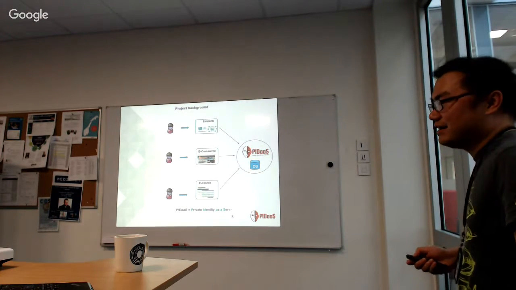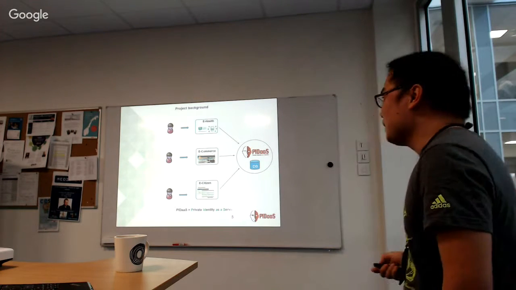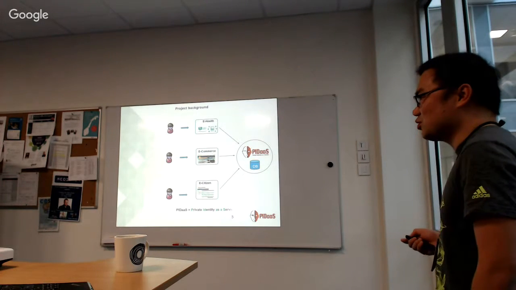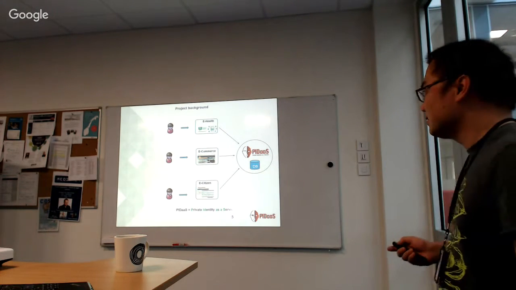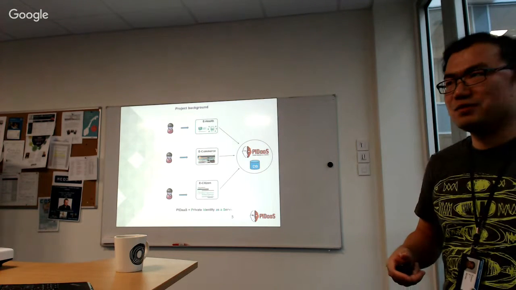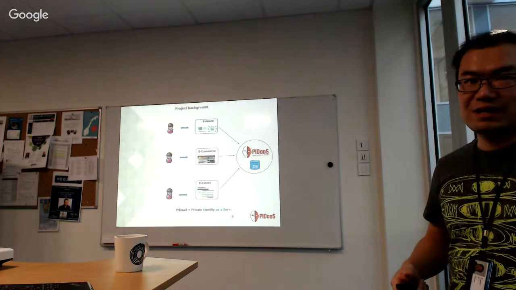So this idea is not new, but the new thing is that we store all the biometric data in one centralized database. Because biometric data is sensitive, it would be quite risky to store all the biometric data in one centralized database.